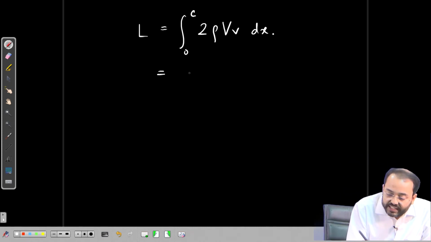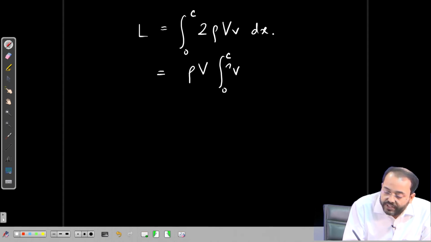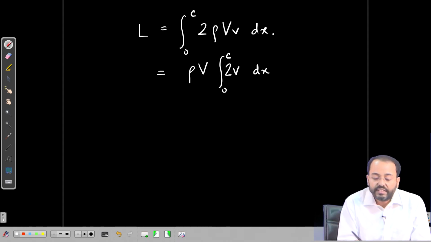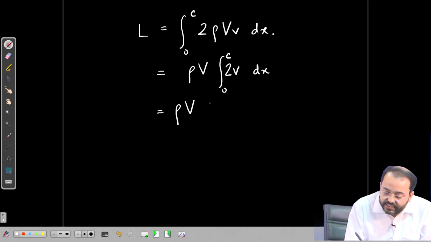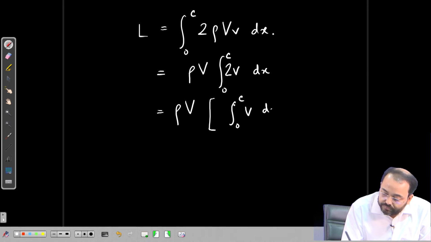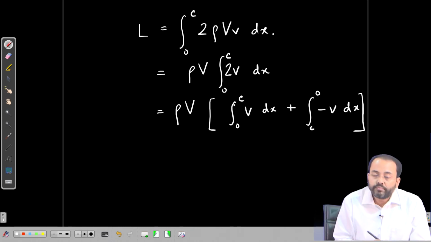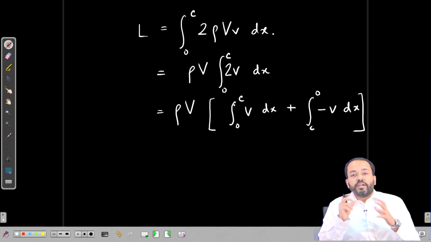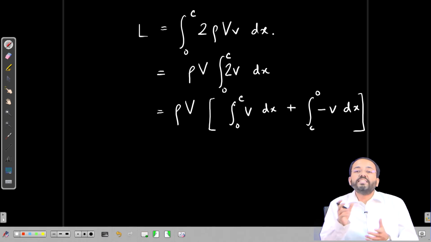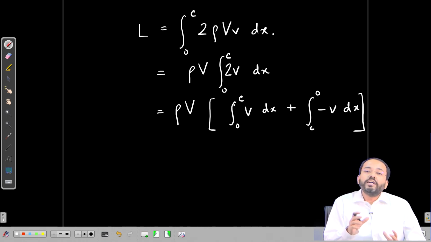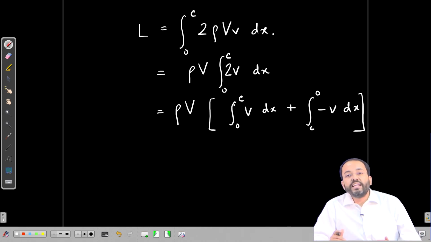So, we can take rho V outside and do this integration from 0 to c of 2v dx. The small v here is the tangential velocity induced due to the shape of the airfoil and the angle of attack at the given inflow V.